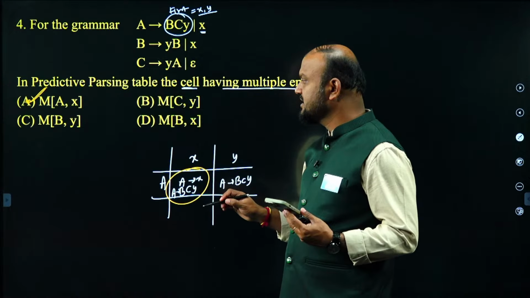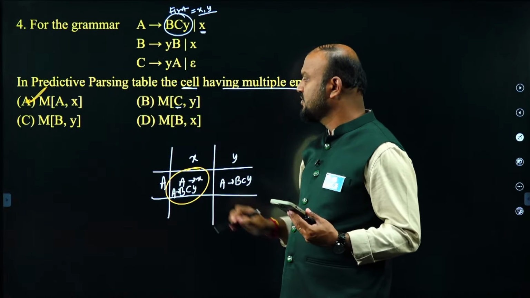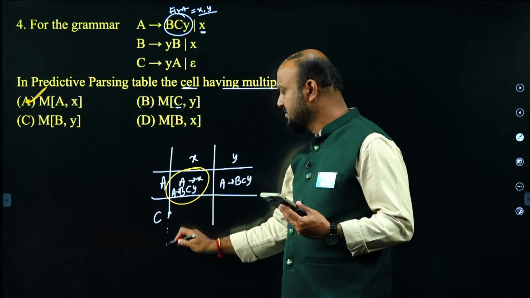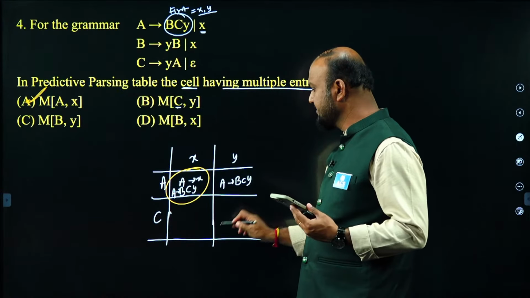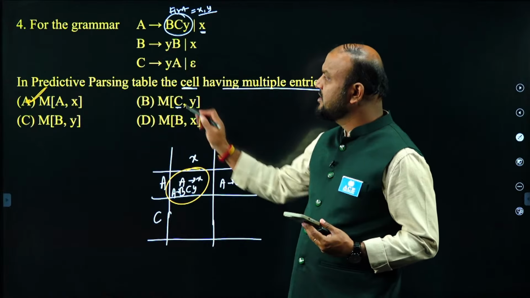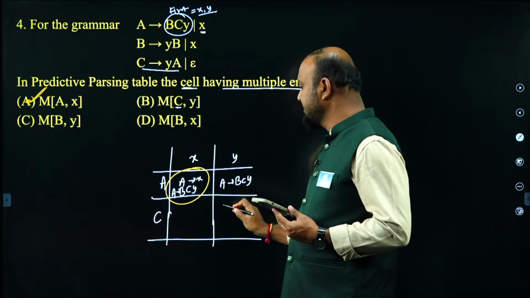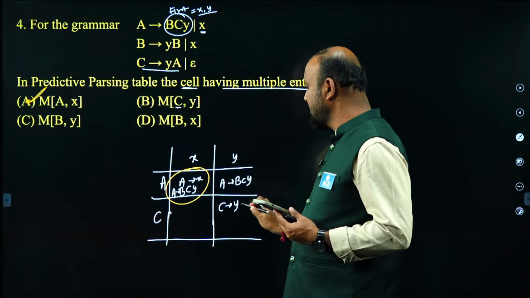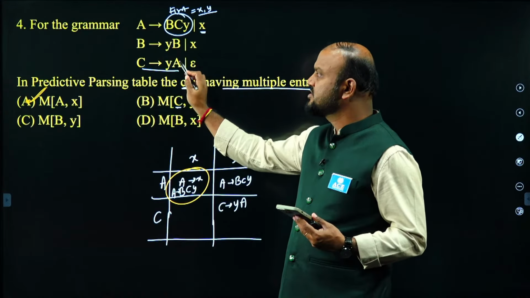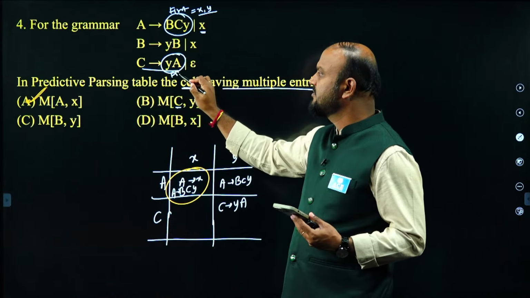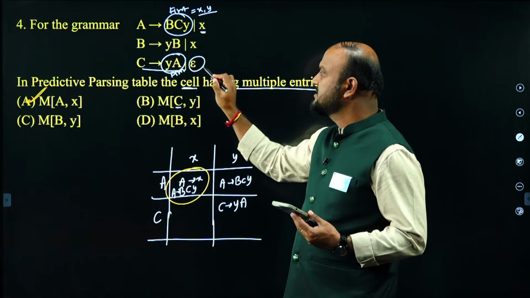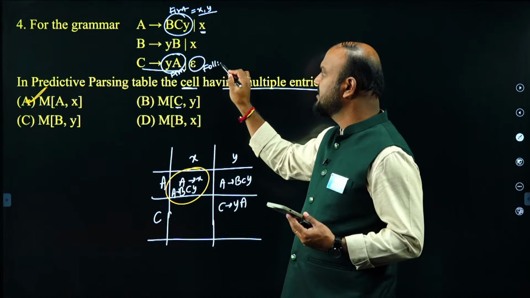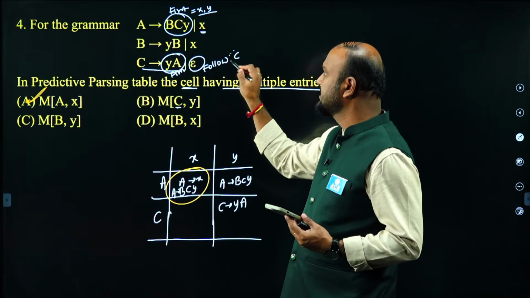And the second option is the 0 Y column. Okay, 0 and Y column, it is the same. And in the 0 Y column we write C tends to small y capital A. Why? Because C tends to YA, you write in the first of YA column. And C tends to epsilon, you write in the follow of C column.